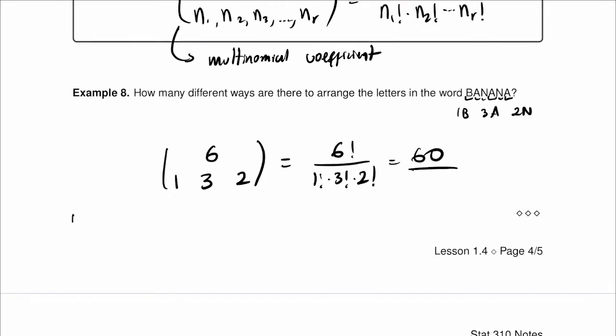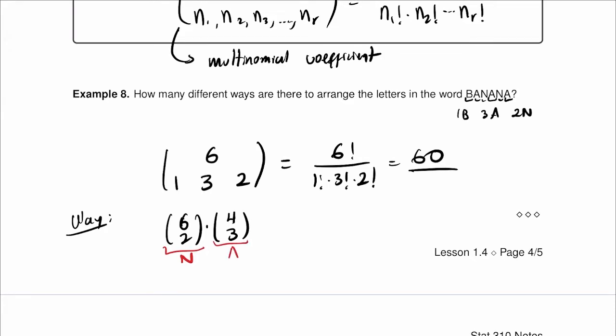We can also use the other way. It's a little longer, but it's the same. From the 6 letters that we had in total, we pick 2 of them for the letter N. And from the 4 remaining, we pick 3 of them for the letter A. And from the last one, we pick 1 that is going to be for the B letter.